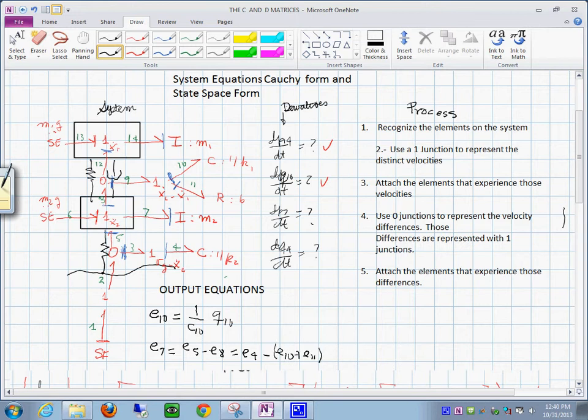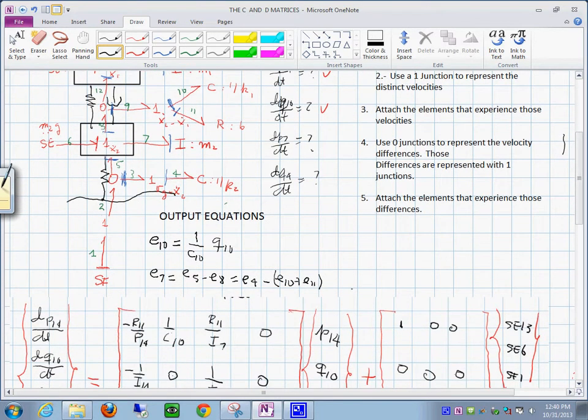See, you could derive this equation like that. So in this case E sub 7 is equal to E sub 4, which is 1 over C sub 4 Q sub 4, and then minus E sub 10, which is 1 over C sub 10 Q sub 10, and then minus R11 times F11.